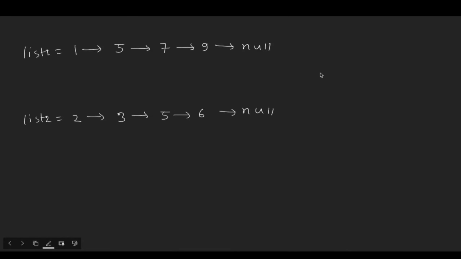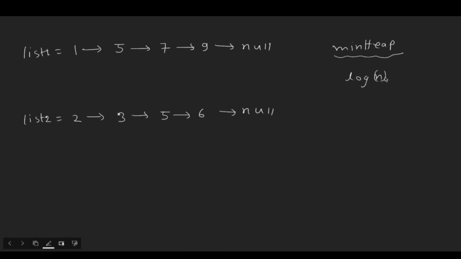The naive solution is to use a min heap data structure. In the min heap, we will store all the nodes from list 1 and list 2. Then we will remove the top nodes and add them one by one. But a min heap takes log n time for insertion, where n is the length of this linked list plus this linked list.